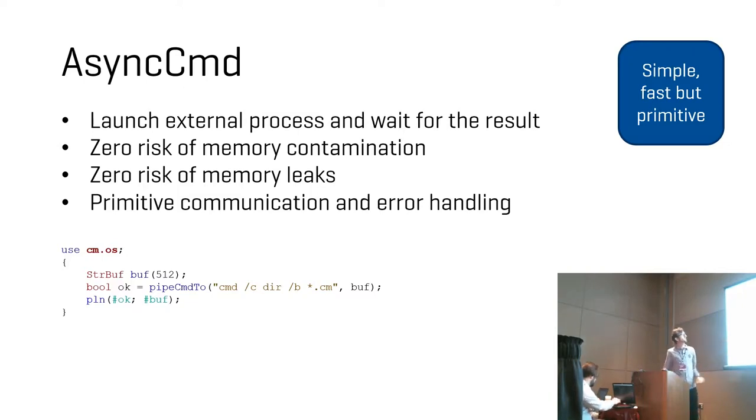This example here is actually not asynchronous, and if you're calling commands, you should probably do it asynchronously, so you don't stop the whole CT process while you're doing it or waiting for the result. But I'd like to show this anyway because this is very useful. So this pipe CMD2 will do this command and pipe it to this string buffer, so you can actually print out the result immediately, which is very good when you are getting there before it's working, so as you get the output and everything.